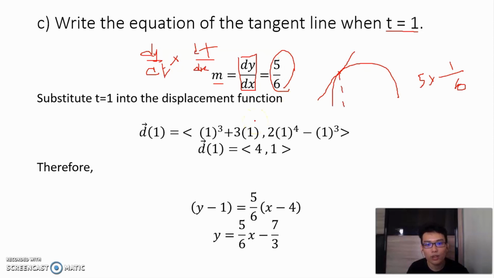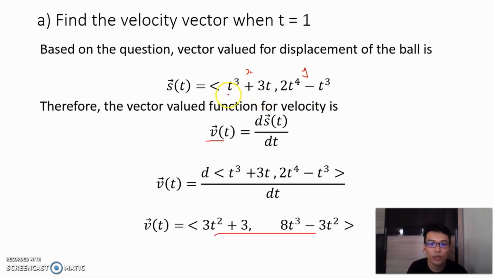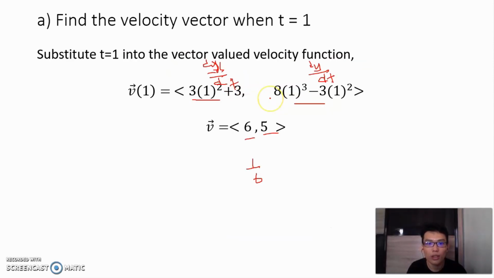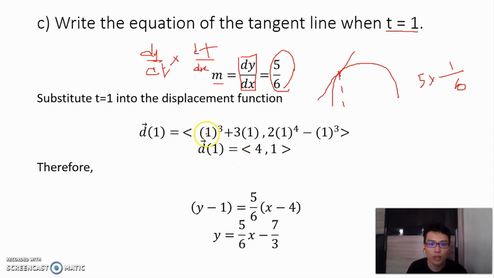You need to find the coordinate for this location. It's very simple, you just substitute into the s equation. Or 2 minus 1, you get a 1. This is the coordinate.